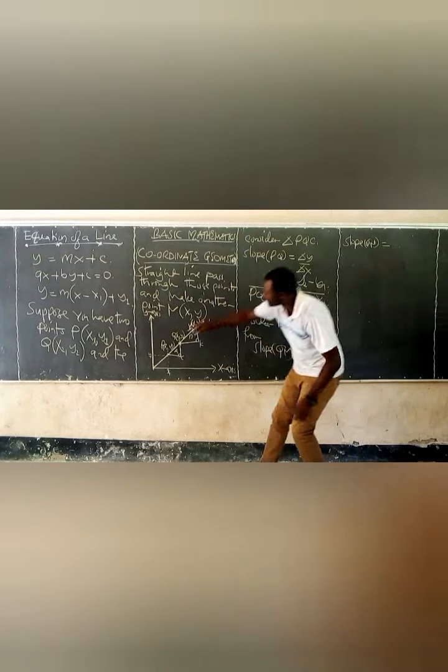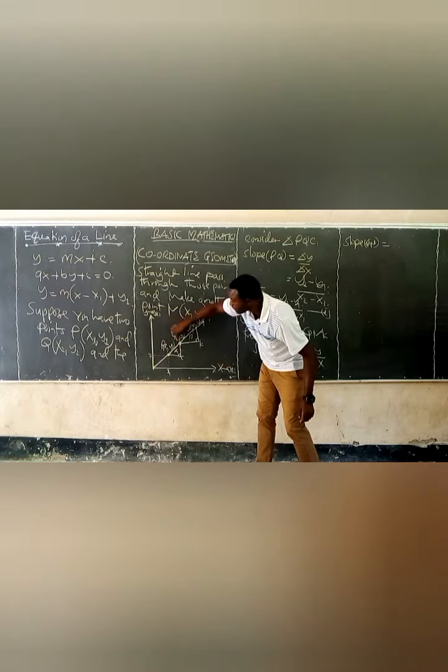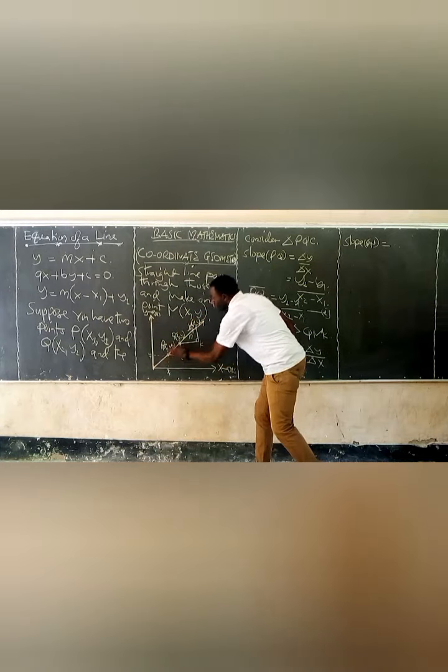We are going to take the initial point up to this one. But this point Q is found in between these 2 points, so I'm going to take point Q.